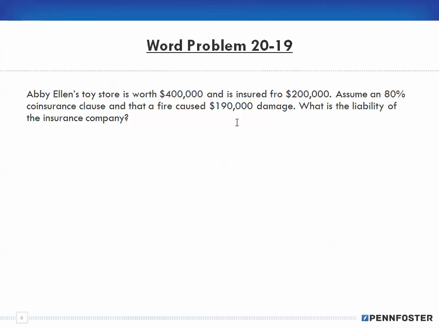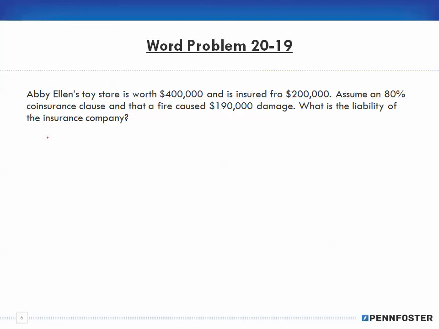20-19. Abby Ellen's toy store is worth $400,000 and is insured for $200,000. Assume an 80% coinsurance clause, and then a fire caused $190,000 in damage. What is the liability of the insurance company? Right.